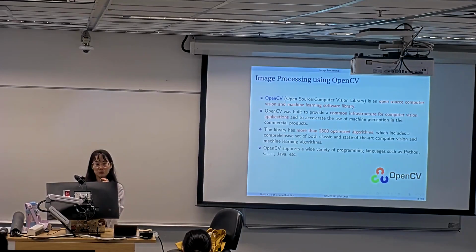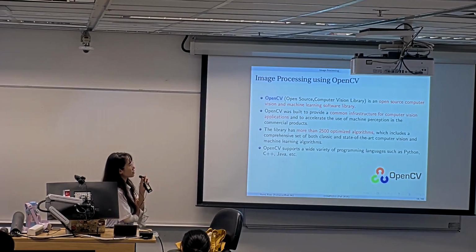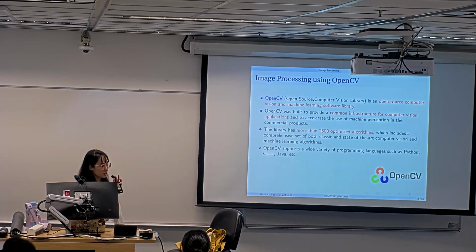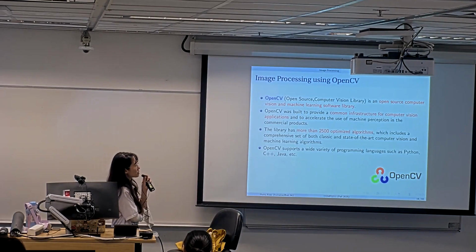Even though some of them we will try to implement from scratch, most of them we will directly use OpenCV's functions. OpenCV's full name is the Open Source Computer Vision Library. It's an open source computer vision and machine learning software library. It was built to provide a common infrastructure for CV applications, and also to accelerate the use of machine learning in commercial products.